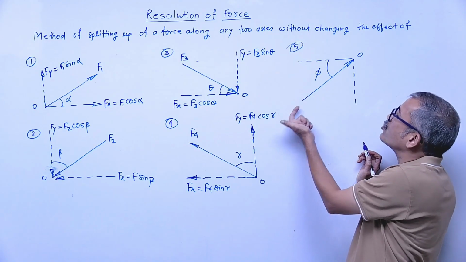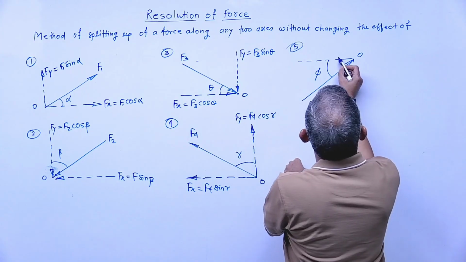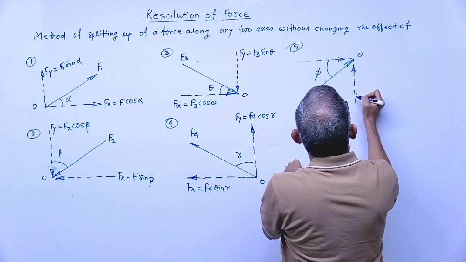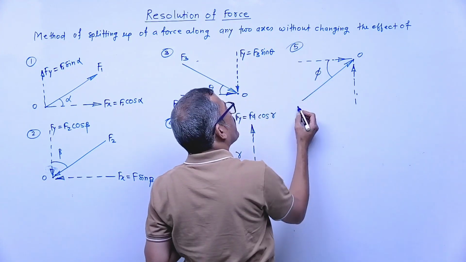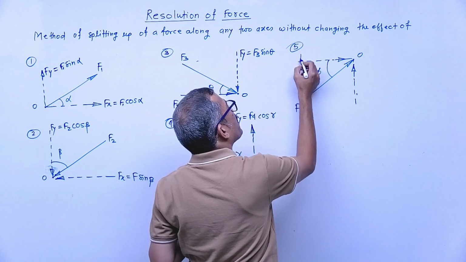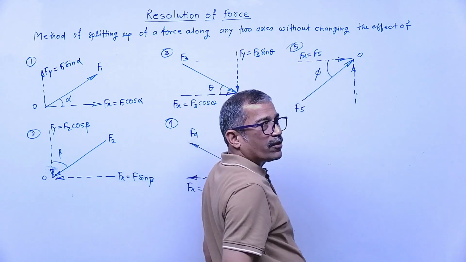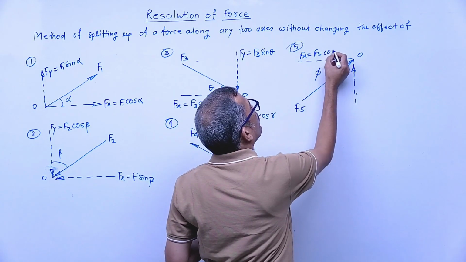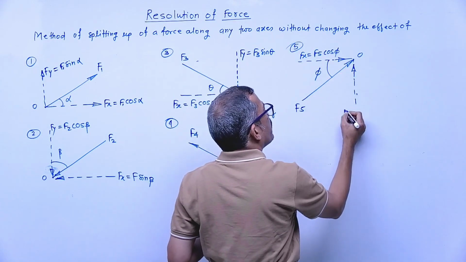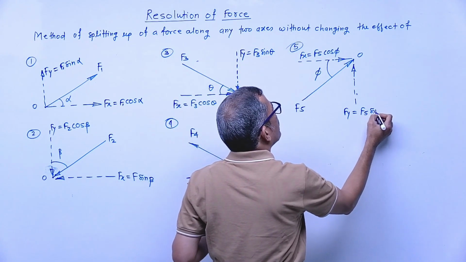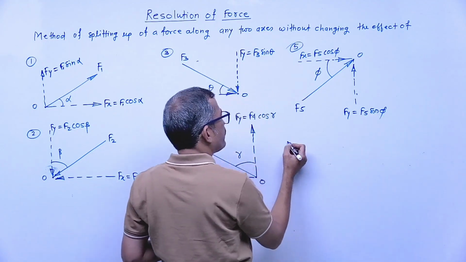Nature of force is towards, so the horizontal component must be towards, vertical component must be towards. The horizontal component F5 is cos of phi, and the vertical component F5 is sin of this angle phi.